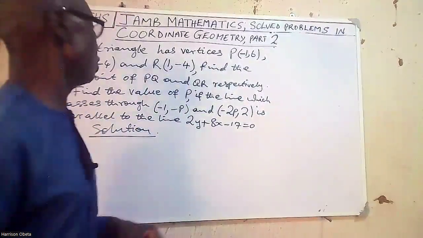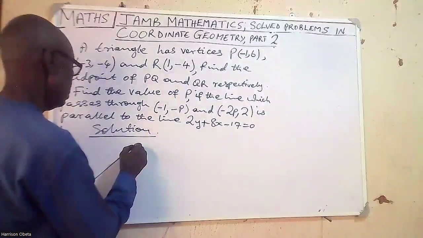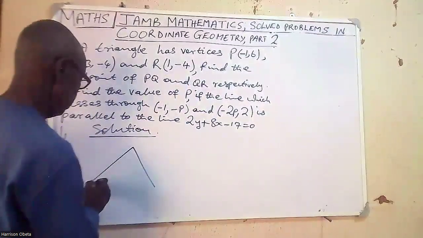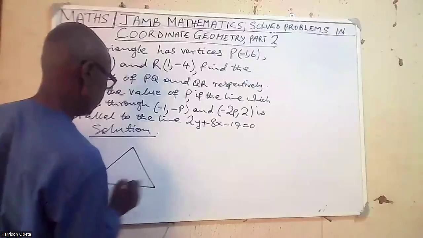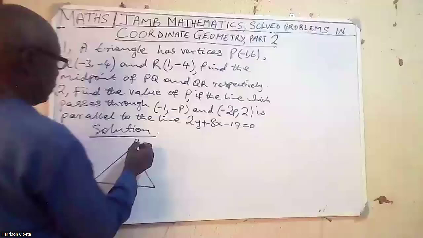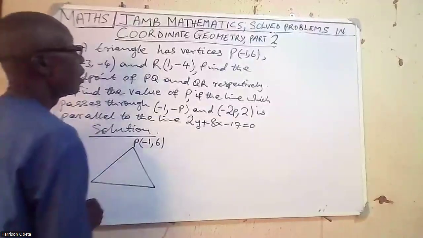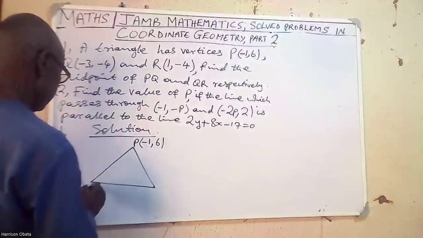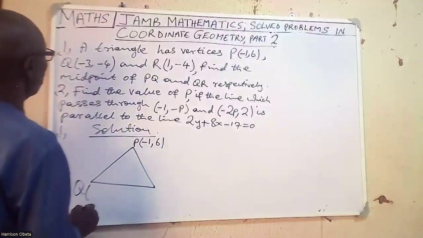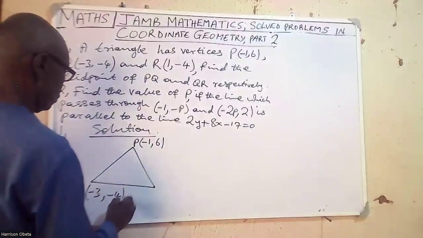First of all, we have to draw the triangle. P is the point -1 and 6. Q has points -3, -4.